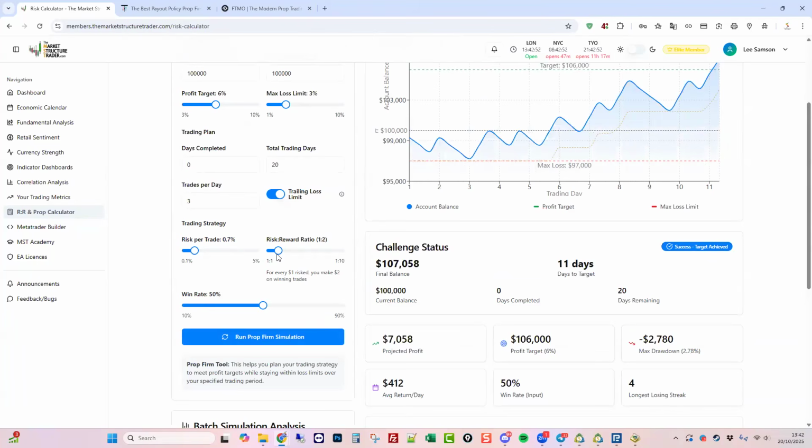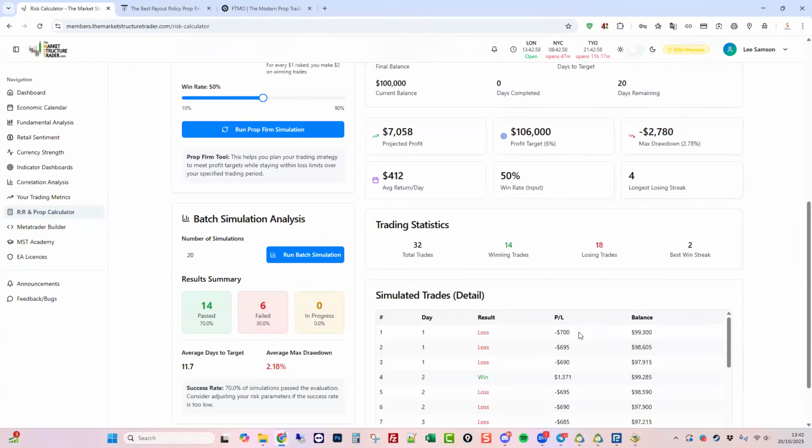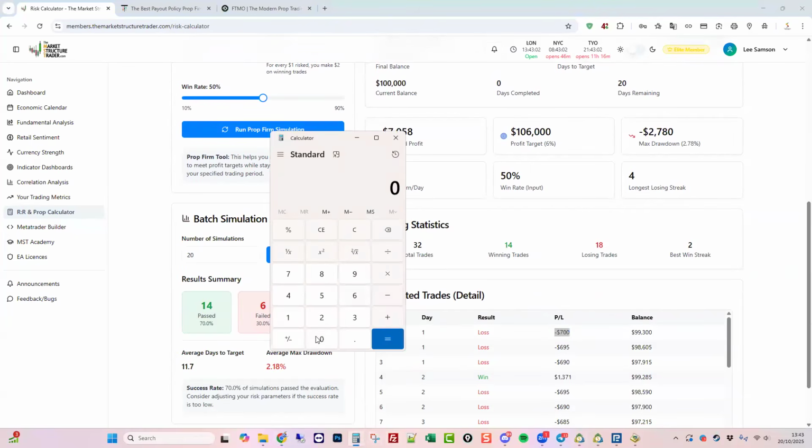So this is kind of your evaluation risk profile. What we're looking to do is risk a decent amount of money, 700. So if we get the calculator out again, 3,000 divided by 700 gives us 4 trades, basically. So in a day, we can take 4 trades.